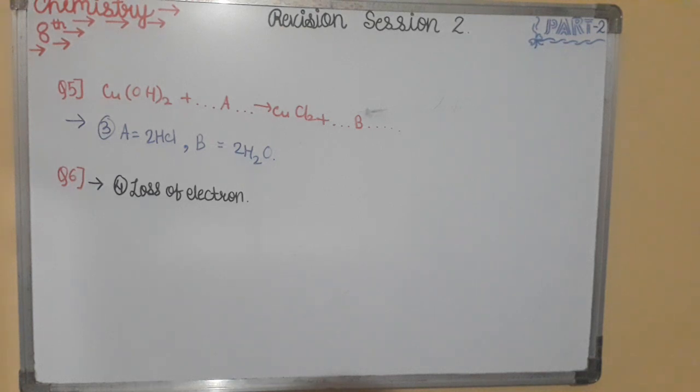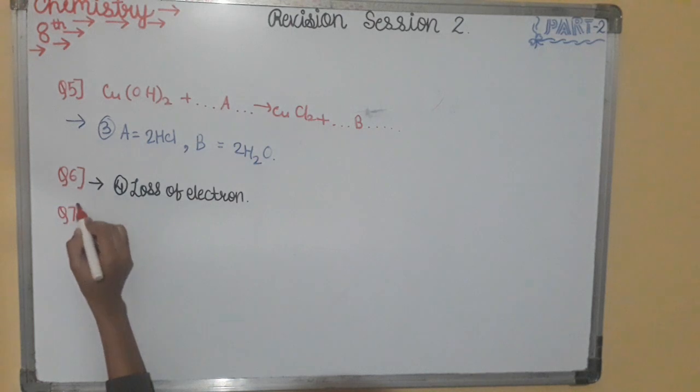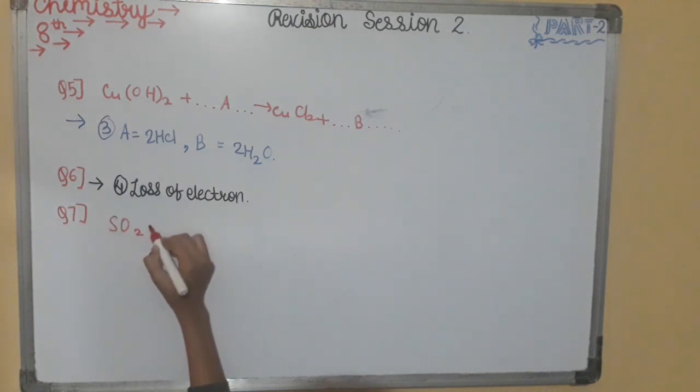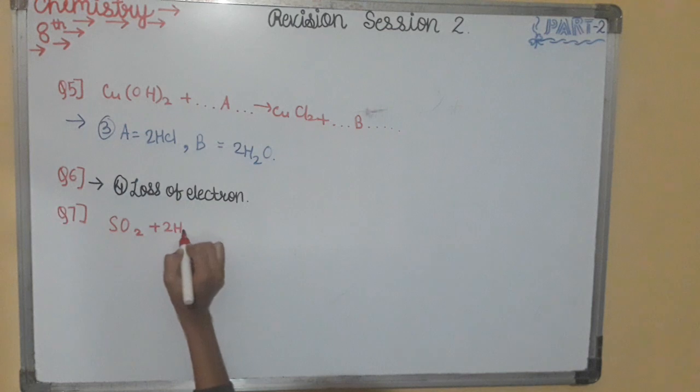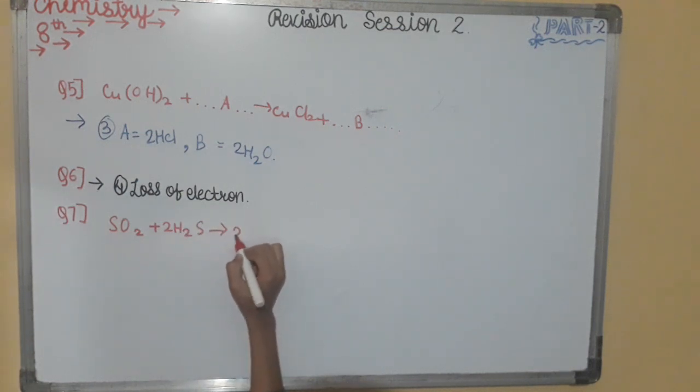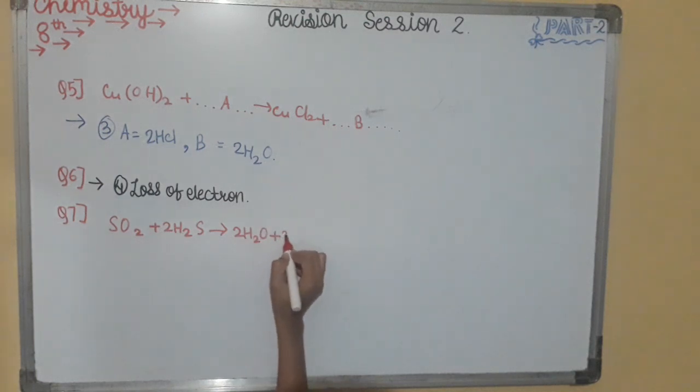Now, question number 7. Identify the wrong term in the reaction SO2 plus 2H2S gives 2H2O plus 3S.